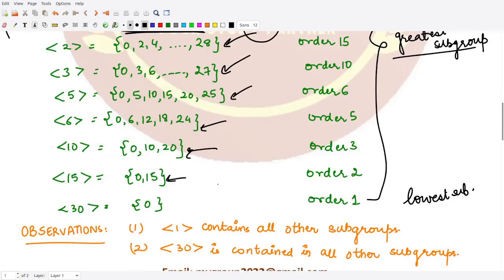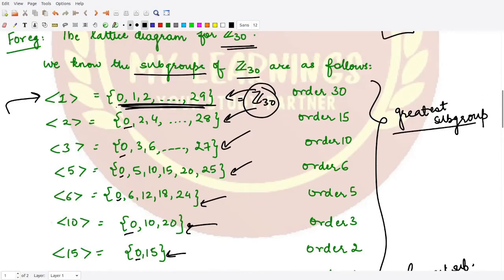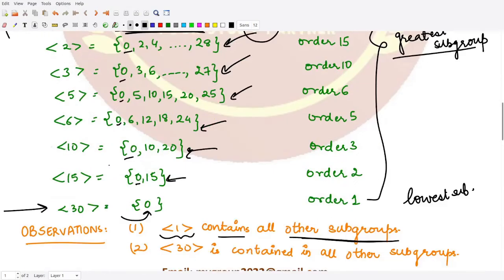So the observation is that the subgroup generated by 1 contains all the other subgroups. Next, you can see that the subgroup generated by 30 contains only one element, which is the identity element. And this identity element is present in each subgroup of Z30, right?